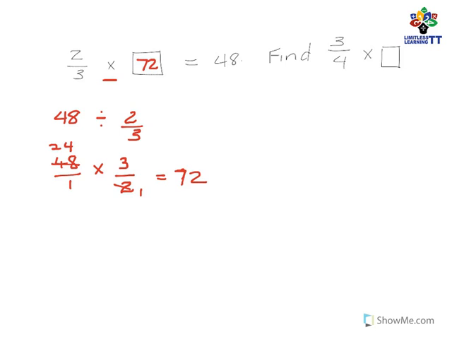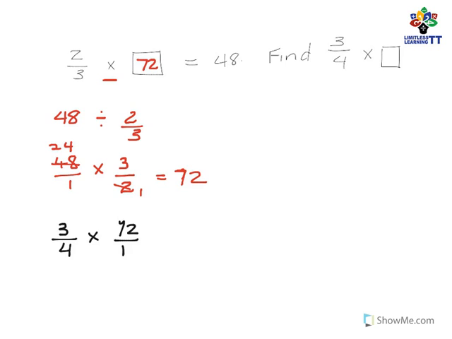Now my question is asking me to find 3/4 of that number, which I just found out is 72. So 3/4 of means to multiply 72 over 1, and this is a straight multiplication, so I can look at my numerators and denominators for factors that are in common between them.